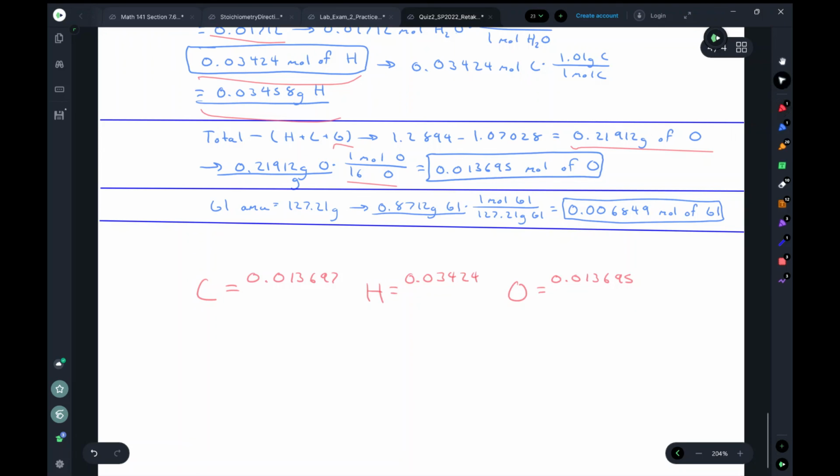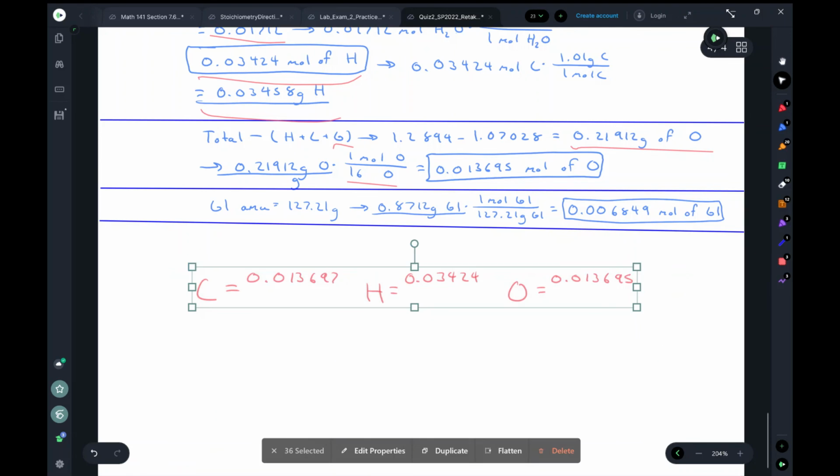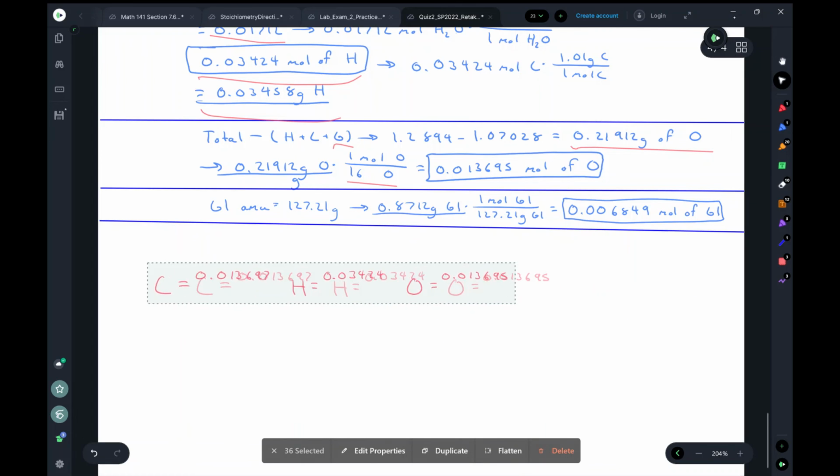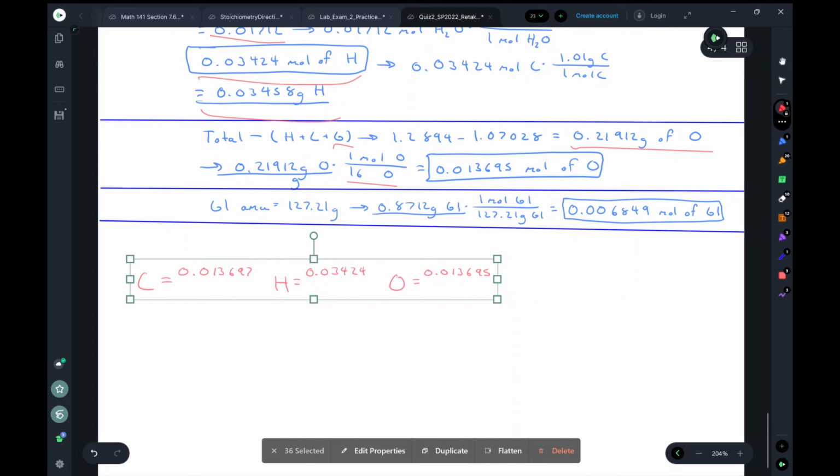I need to make this smaller. Oh, and I almost forgot, we needed to convert the amount of glitterium into moles, as the combustion had 0.8712 grams of glitterium.